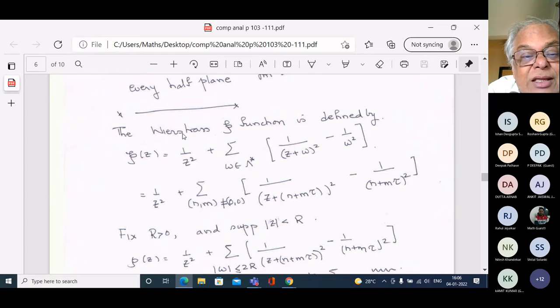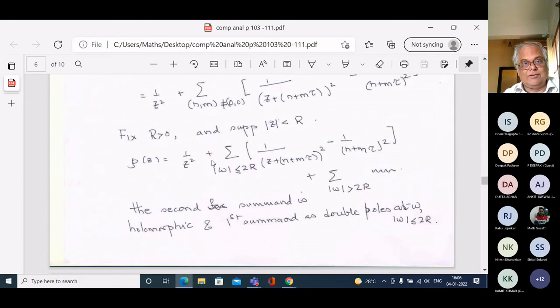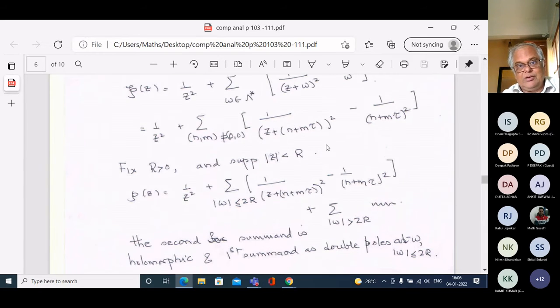If you take any r greater than 0 and suppose mod z is less than r, then this sum I'm going to break up into two terms: one is mod w less than 2r and the other is mod w greater than 2r. Now notice that mod z is less than r. So if mod w is greater than 2r, then this quantity is convergent, is analytic.